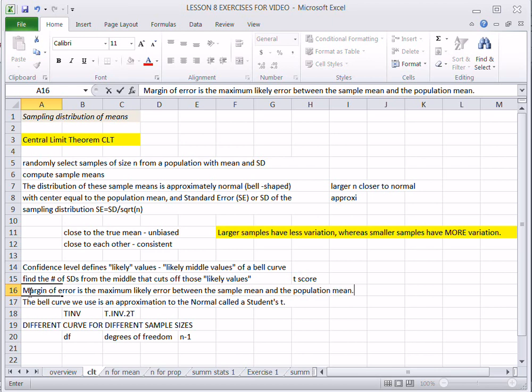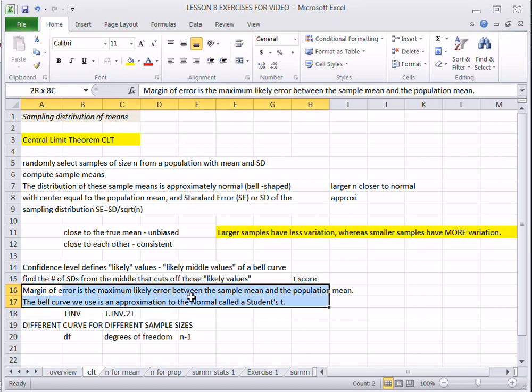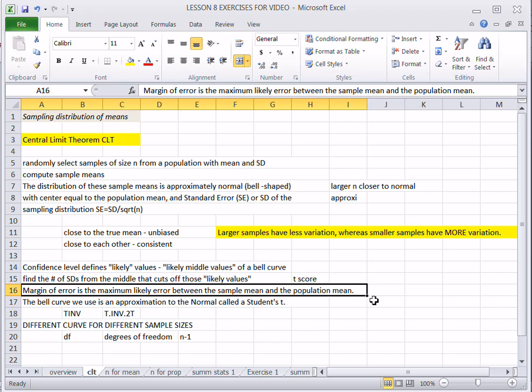That's basically going to be the width for the middle part, right? You have a nice bell curve, and the middle are the likely values because that's where most of the means are, and then you have some unlikely values on the ends.